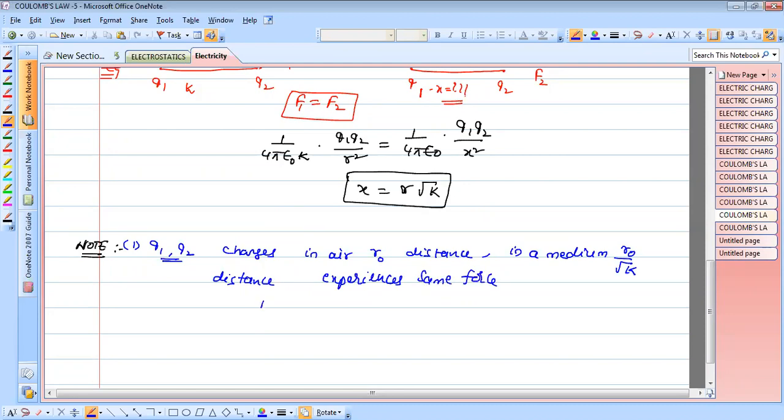Here K is the dielectric constant of the medium.